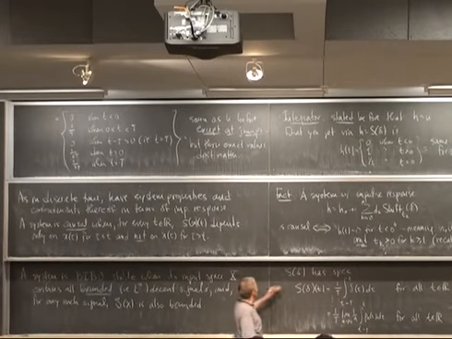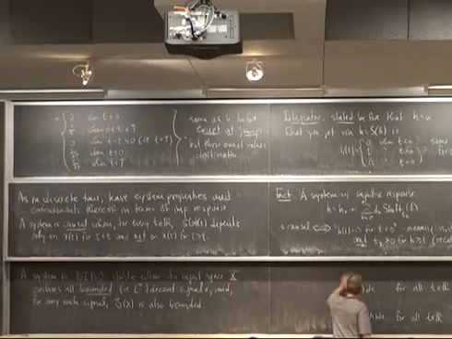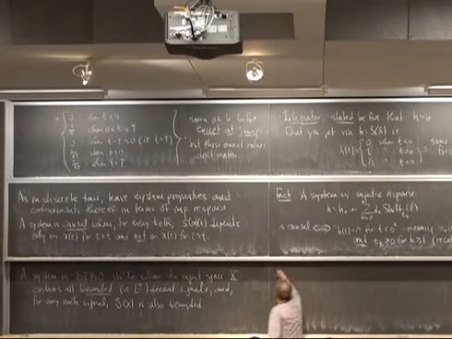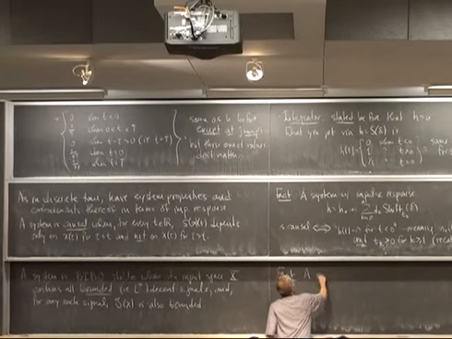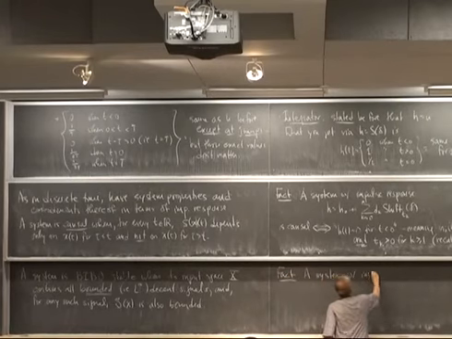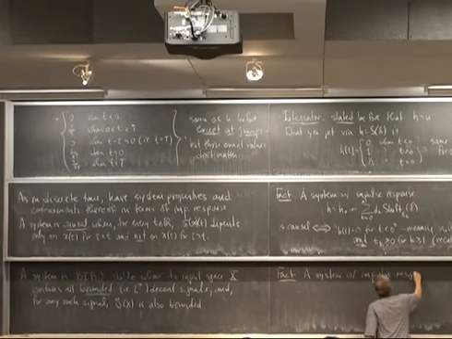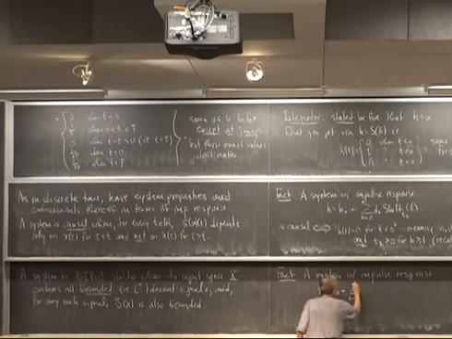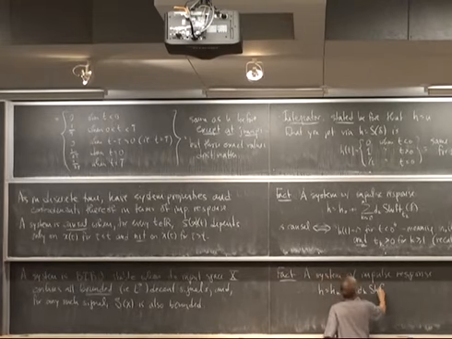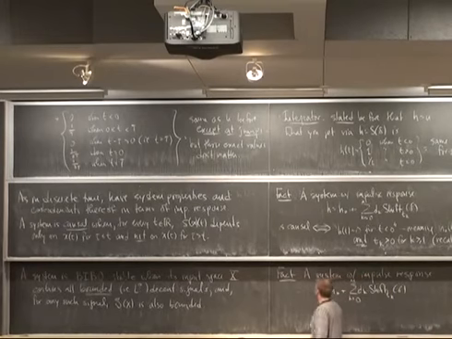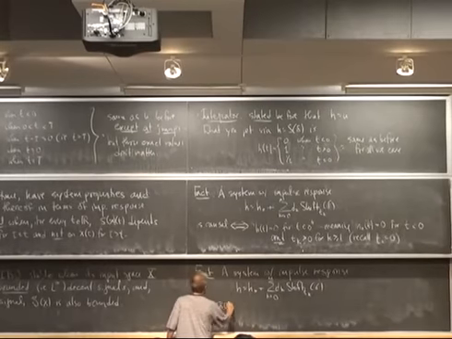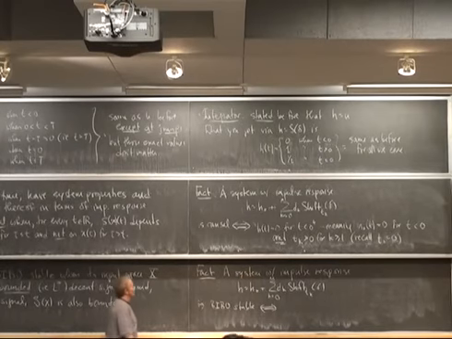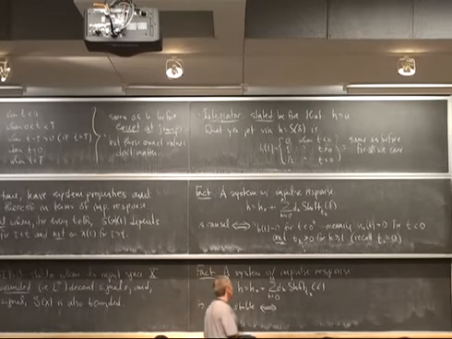And what about BIBO stability in terms of the impulse response? A system with impulse response H equals H0 plus the sum from k equals 0 to capital M of decay sub k times shift sub Tk of delta is BIBO stable if and only if H0 is an L1 signal.